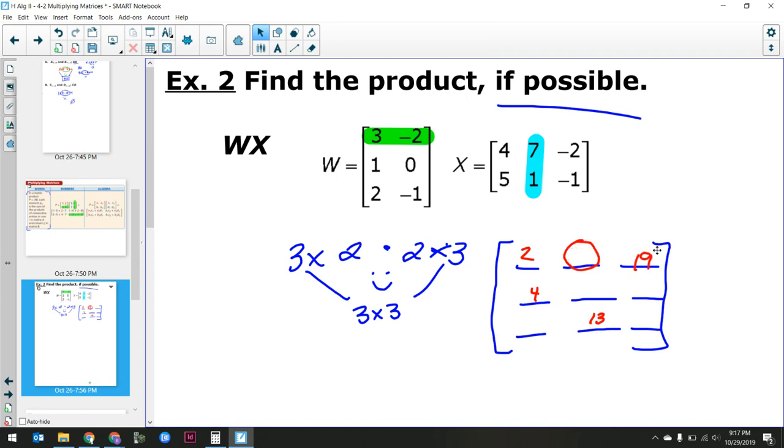Row 1, column 3: negative 6 and positive 2, negative 6 plus 2 is negative 4.